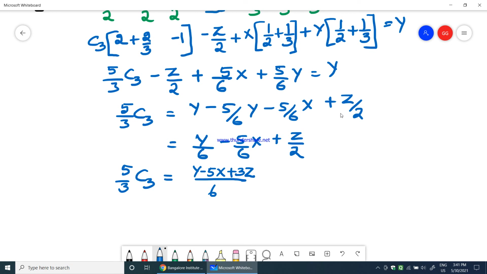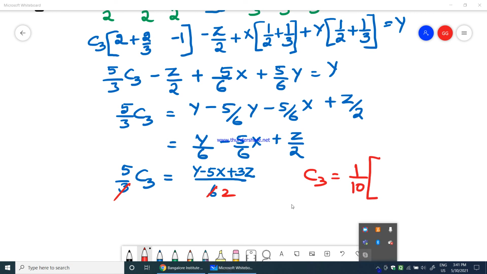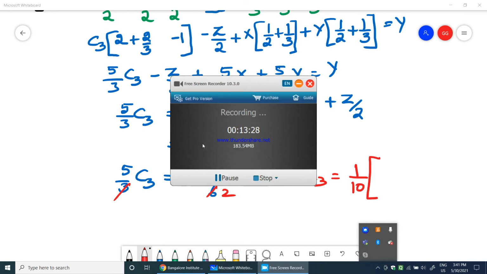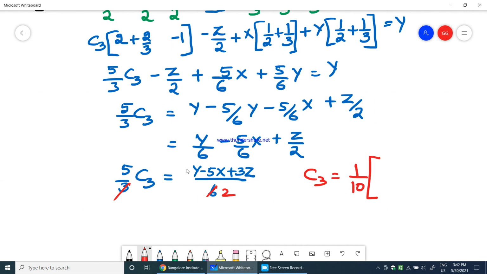So here 3 twos are 6, 6 gets cancelled. Therefore finally C3 equals 1 over 10 into (y minus 5x plus 3z).